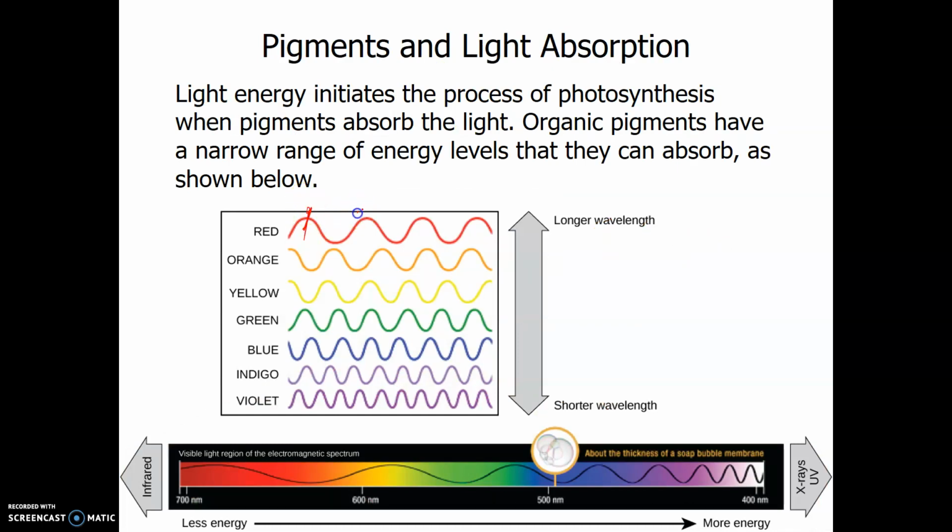From crest to crest is a longer distance than it is, for example, down here for violet. That's a shorter wavelength. So the longer wavelengths of light give off less energy, and the shorter wavelengths give off more energy.